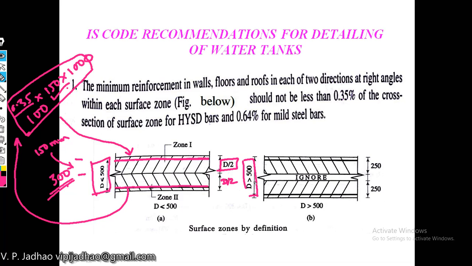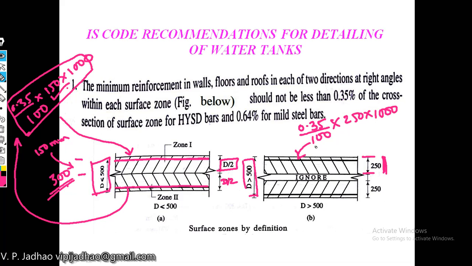So minimum steel is this much, whereas if the depth of your member is more than 500 mm, then for top steel we will be considering only this much portion. This is called the surface zone. This portion is considered as a surface zone, and AST provided will be 0.35 divided by 100 multiplied by 250 mm, multiplied by 1000.